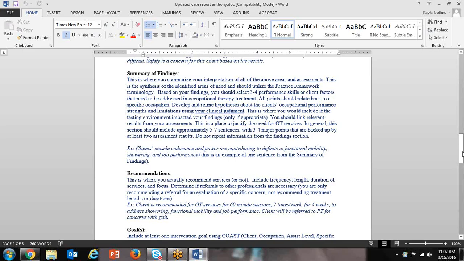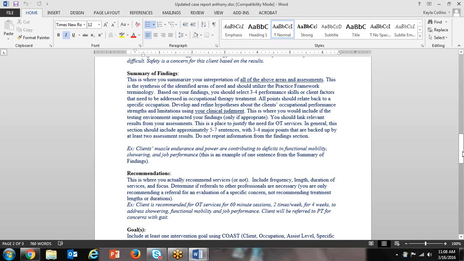Try and use language from the OTPF to guide your reasoning. Okay. If you think about it, when you're talking about the summary of findings, you're saying that here are indications that he's having problems with this specific occupation.